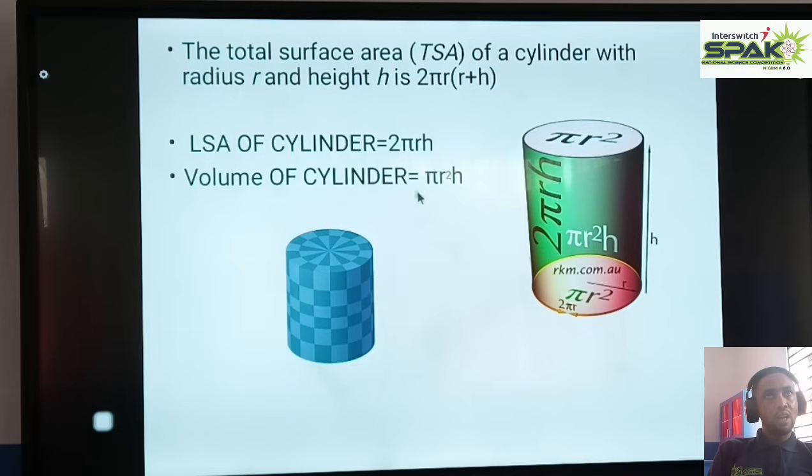This is the general formula for the volume of a prism: the area of the base times the height. Since the base of a cylinder is a circle, it is the area of a circle times the height. So that's where we got our pi r square from.